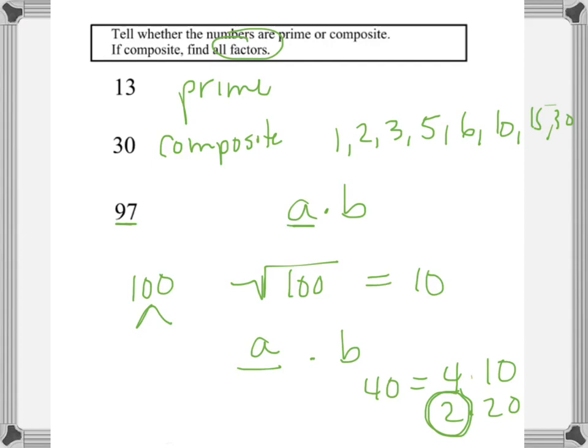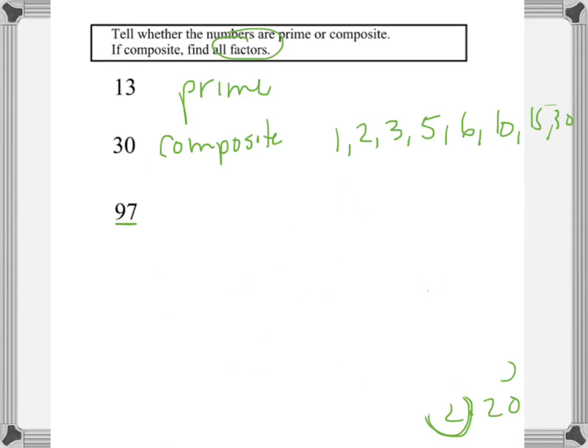It means that at least one of them has to be below 10 because 97 is pretty close to 100, and the principal square root of 100 is 10. So I'm looking at numbers below 10. It's not divisible by 2 because the 1's digit is not even. For 3, the check is whether all the digits add up to a multiple of 3.